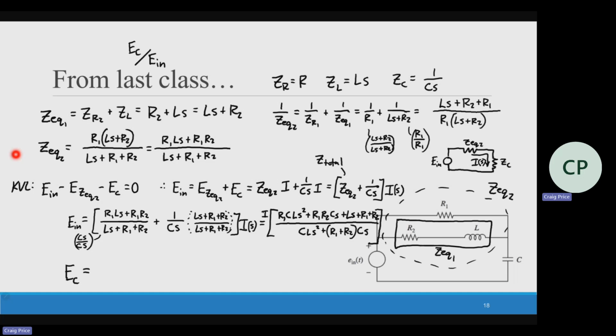The voltage across the capacitor? We actually used the definition before right here. For any voltage, we can look at it as the transform, the impedance multiplied by the current.